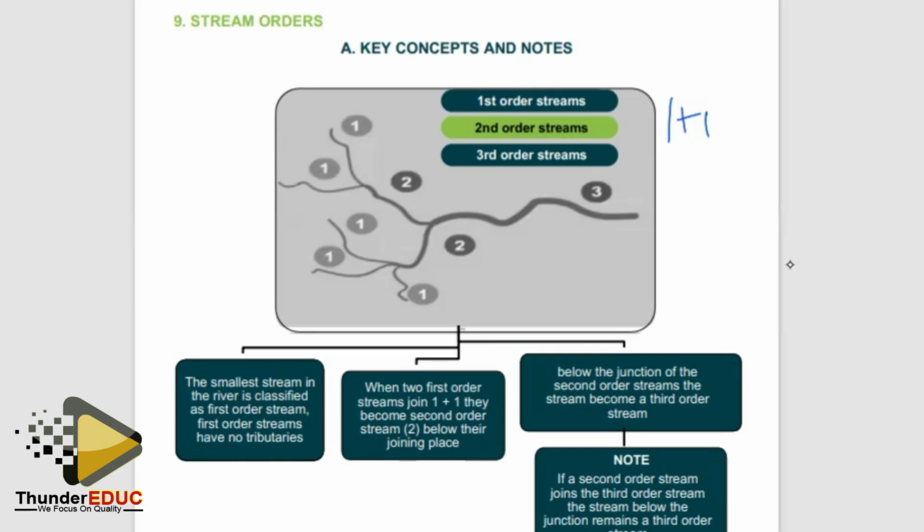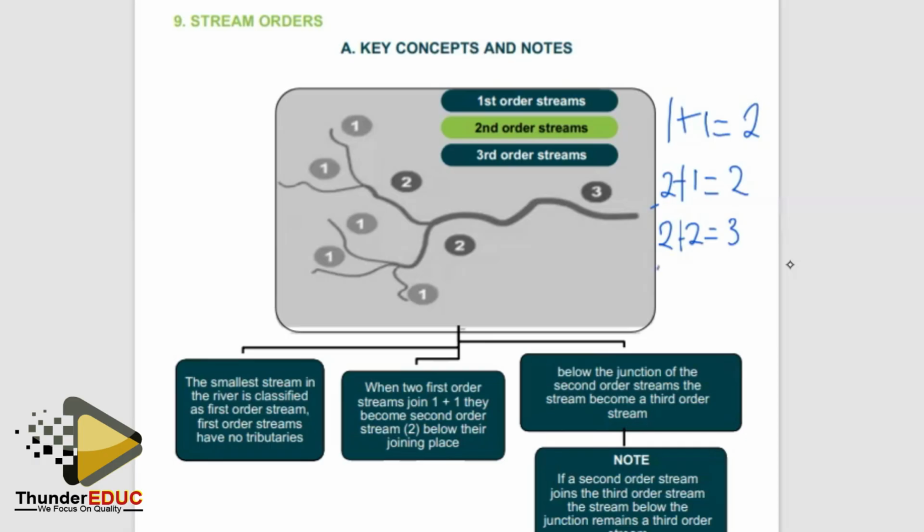If stream number 1 joins another stream number 1, they give us the second order stream. Again, if a second order stream is joined by stream number 1, the order does not change. It remains 2. If we add a higher order to a lower order, the result is the higher order. If stream number 2 is joined by stream number 2, it gives us the next order, number 3.